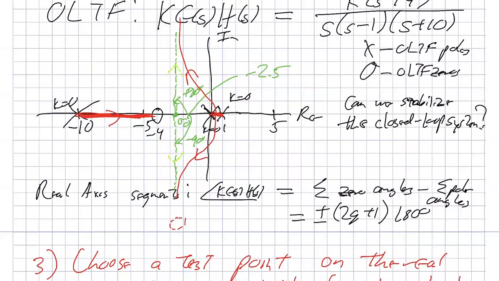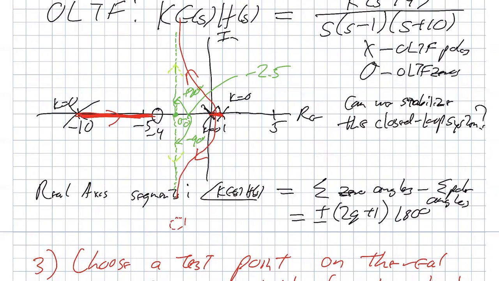And the answer is yes. For K equal to 0, we have this unstable pole. We have this one at the origin. As K increases, this one comes here, that's always going to be stable. These two are going together, but after some value of K, we end up with all the closed loop poles over here in the left half plane.